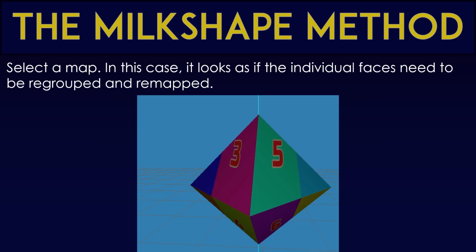And we can see that this is how our map is applied to the 3D object, but what we want to do is get those faces correct. So Milkshape is a little bit weird. In order to get this right, what we need to do is break that up into individual faces, and we'll look at how to do that in the practical part of the workshop, and then map each of those individual faces to one of the faces on the map.